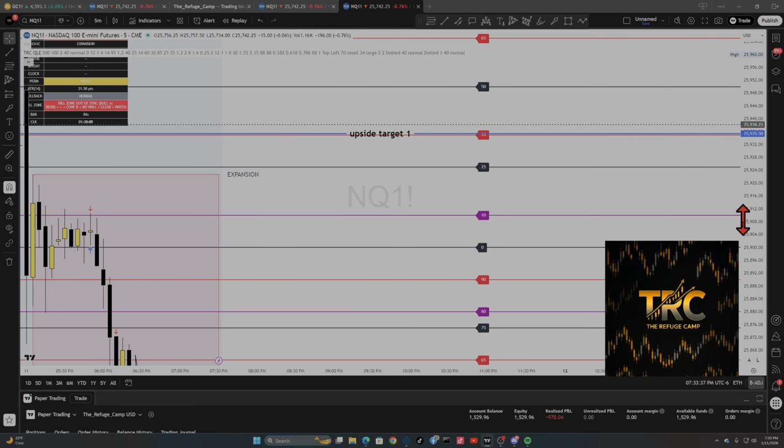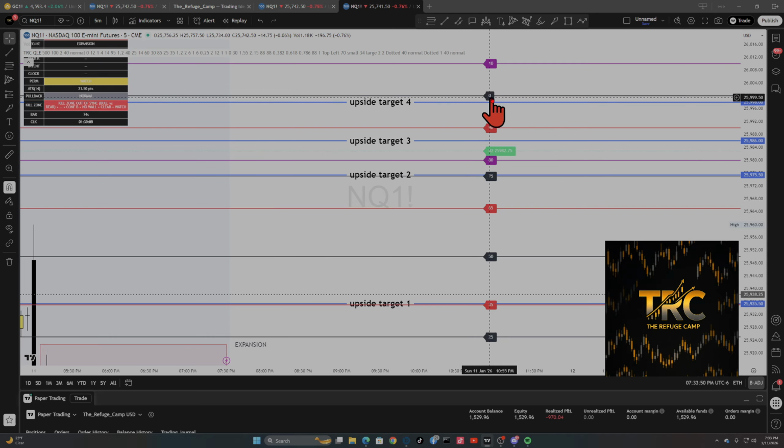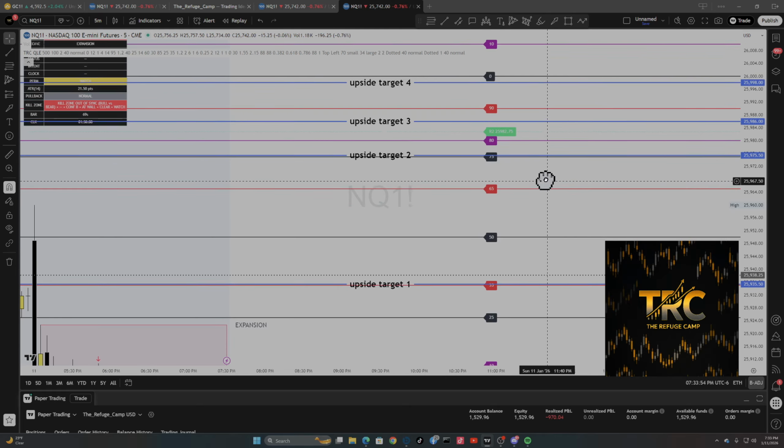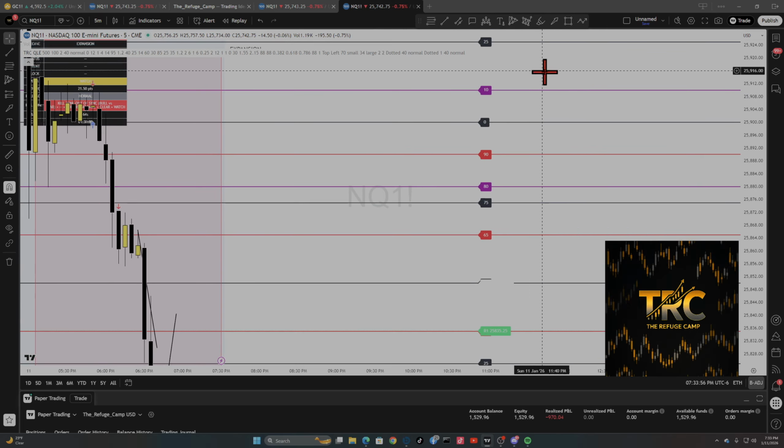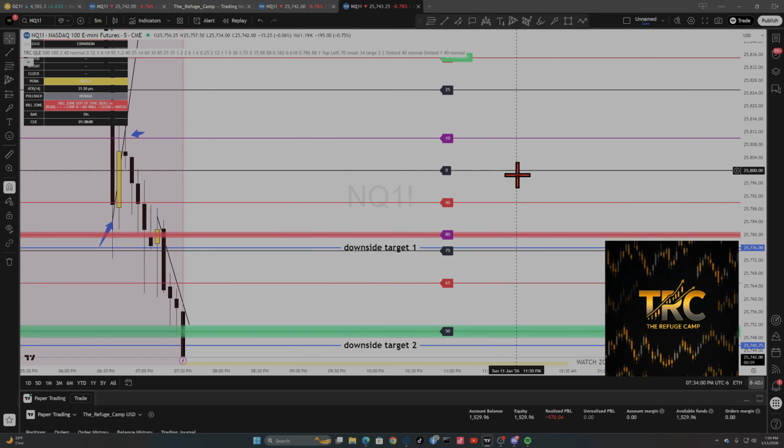There's 100 points in between. We are marking out 25-point increments. So this is 900, 925, 950, 975, all the way up to 26,000. And we do that all the way up and down. And it restarts at every 100-point increment.